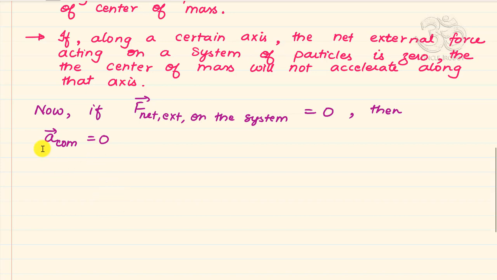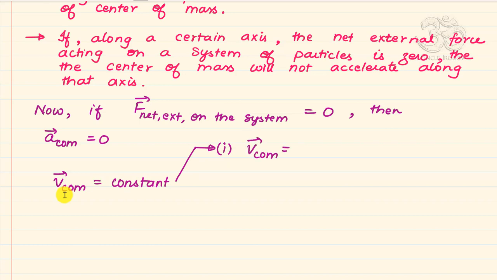Now if acceleration of center of mass is 0, that means the velocity of center of mass is going to be a constant. And in this there can be two cases. The first case is when velocity of center of mass is 0 and is a constant.